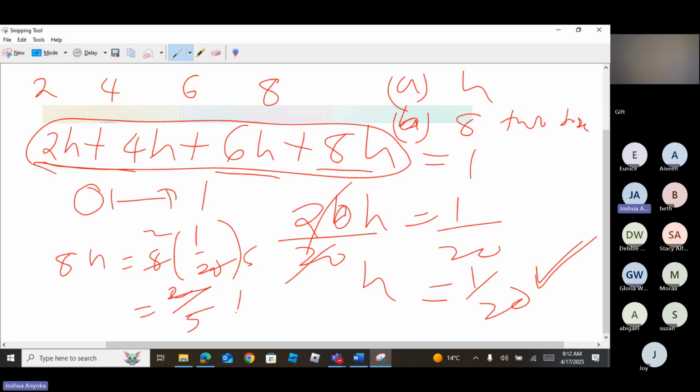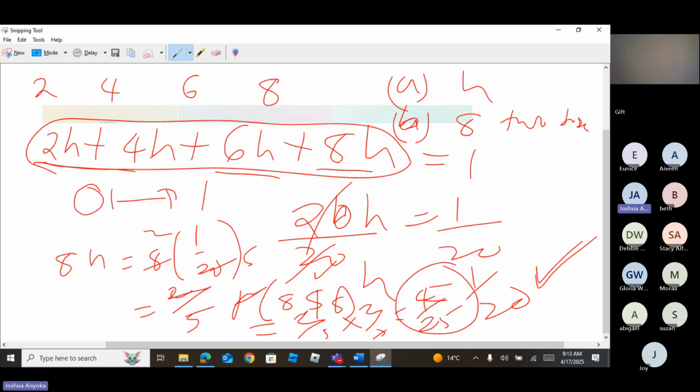So it is the probability of getting 8 and 8. These are independent events, so it will be 2 over 5 times 2 over 5, which gives us 4 over 25 as the answer.